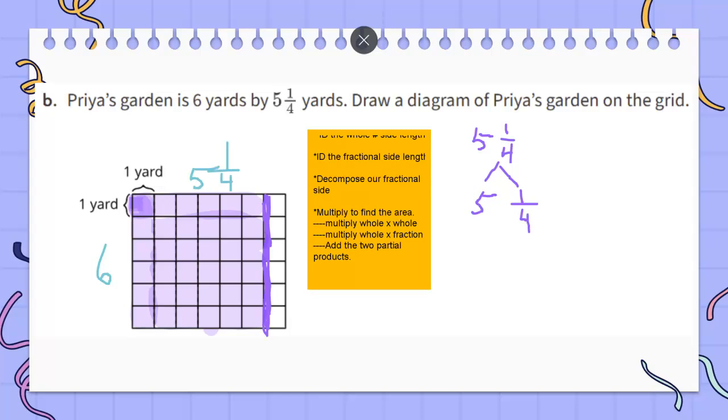And now I'm going to go to my next step. Now that I've decomposed my fractional side, I'm going to multiply my whole number times my whole number. So as we can see here, the 5 is our whole number for that fractional piece, and 6 is going to be the whole number for the other side length. So it'll be 6 times 5, and that's going to equal 30.